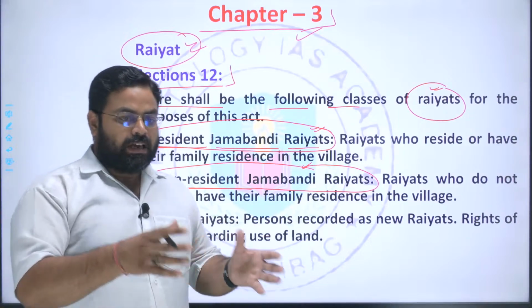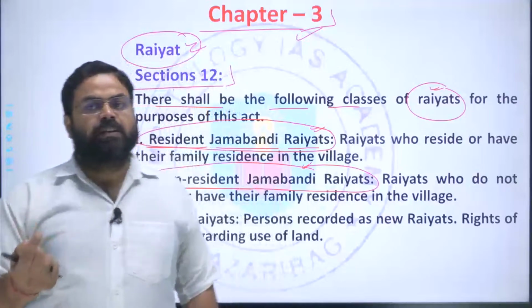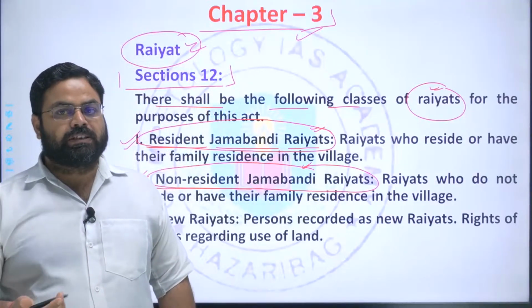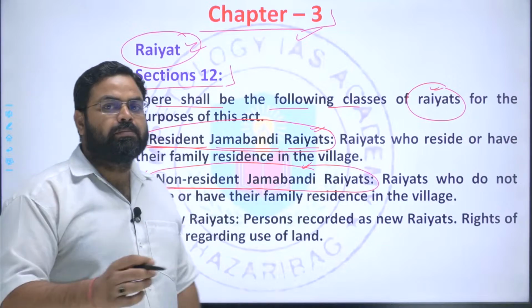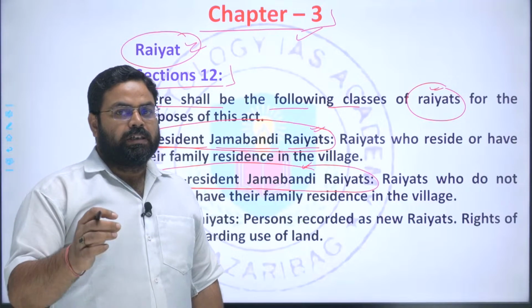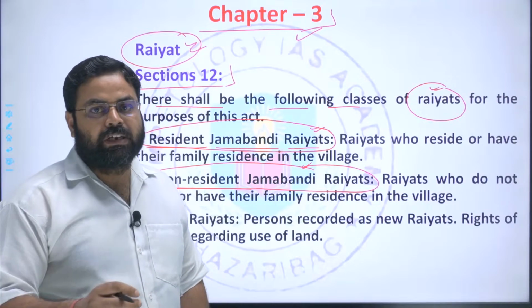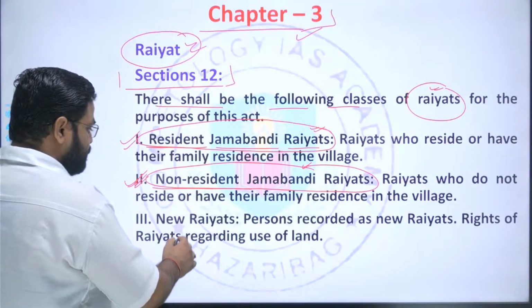They would have one particular ancestral village, and the land would be in different villages. Wherever they had a land holding and their name was in the record of rights but they were not residing in that village, they were called non-resident jamabandi raiyats.